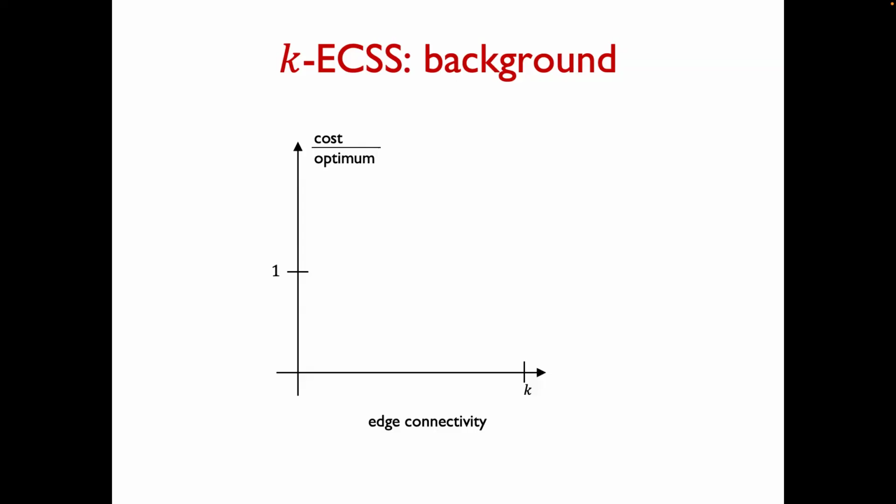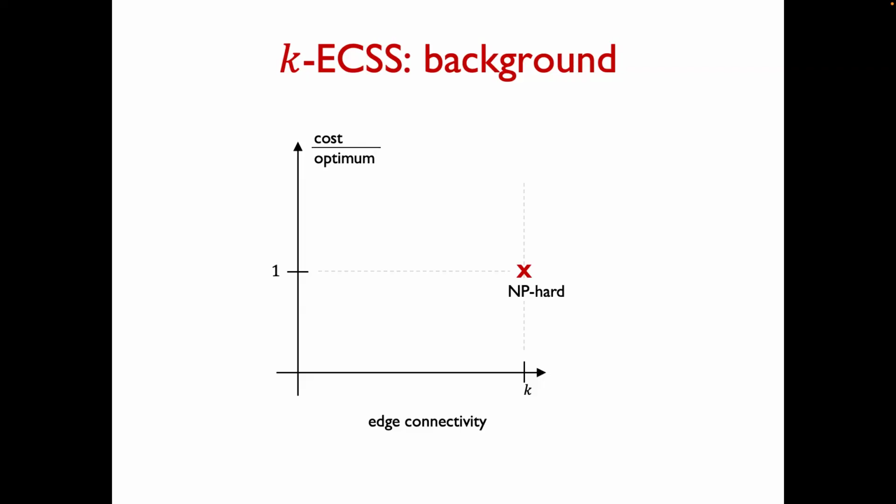The problem is NP-hard, which means that we can't hope to get a feasible solution which is k-edge connected with the optimal cost. Usually in approximation algorithms, we want to find a feasible solution within some factor of the optimum.